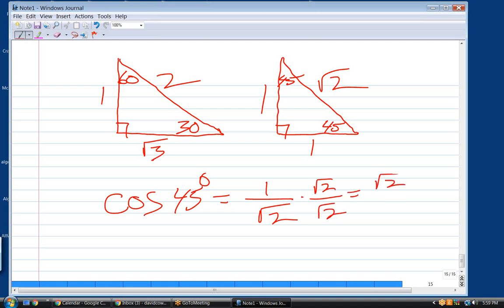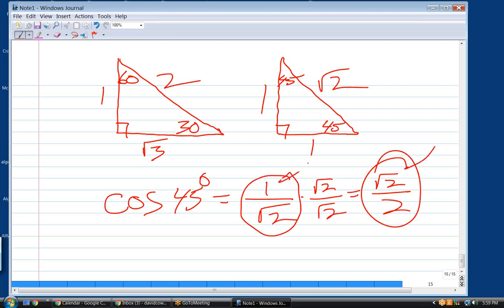Square root of 2/2. Right. So that's actually the correct answer. Same exact number. If you put both of these that I have circled in a calculator, you'll get the same exact number. But this one's been rationalized. This one has not. So we don't really want to give answers that have radicals in the denominator.